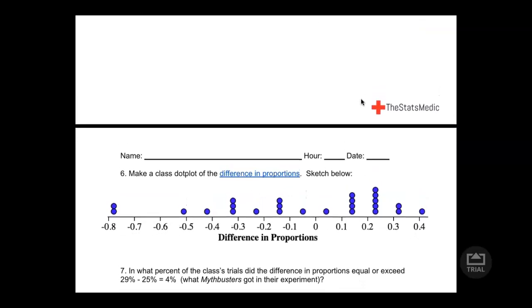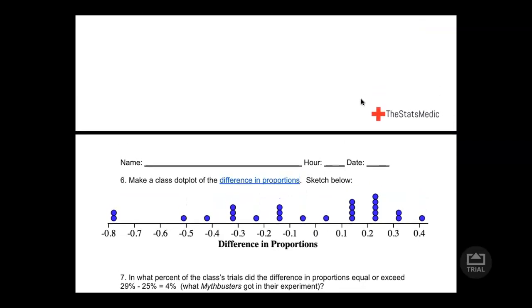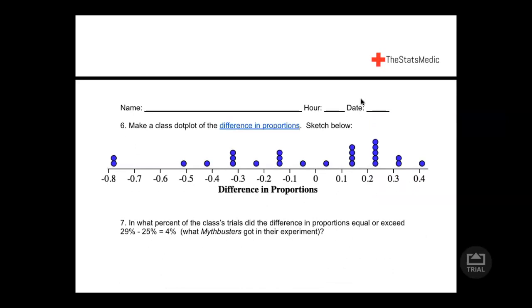You would have gone through and made dot plots with all the data in our class. So I went ahead and took that data and made a dot plot for you. And normally we call this a sampling distribution. And this actually, because it's an experiment, is not a sampling distribution.